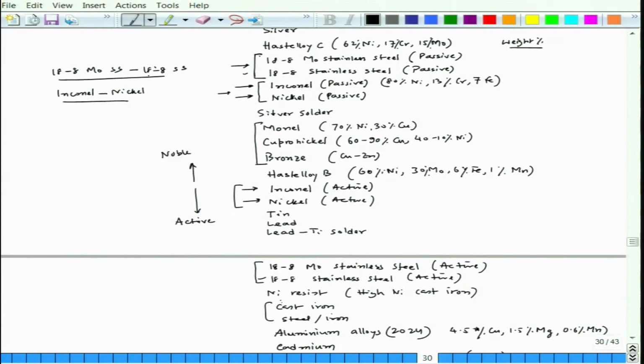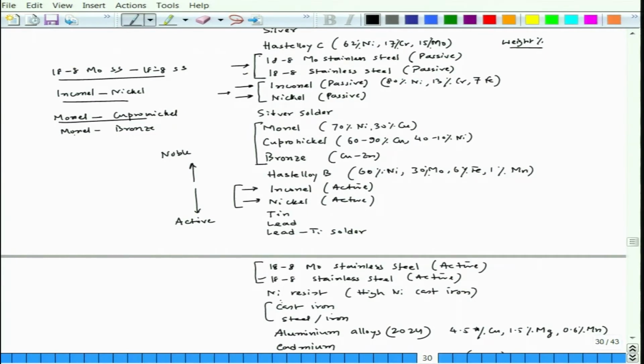So, this is another, or you can have Monel or cupronickel or Monel or bronze.